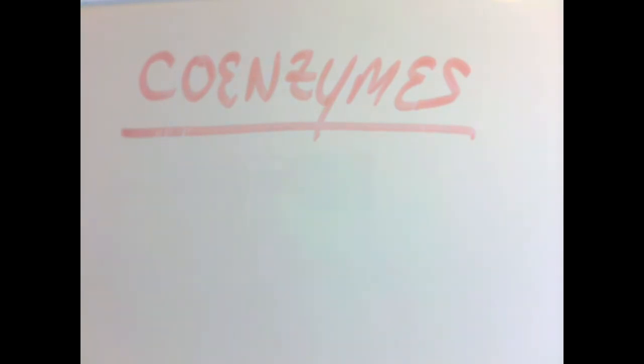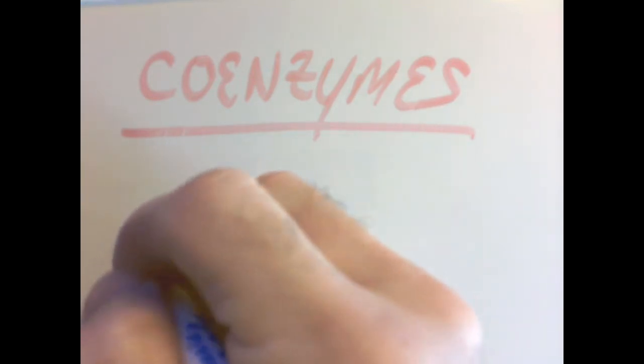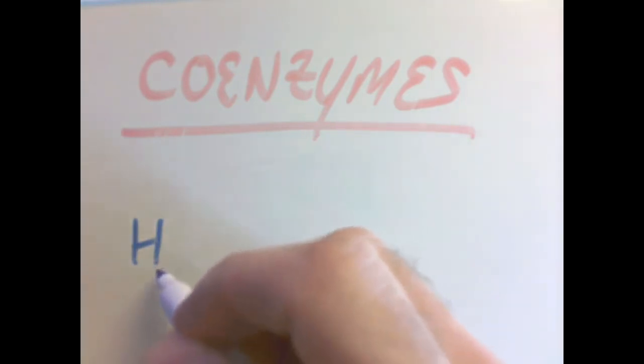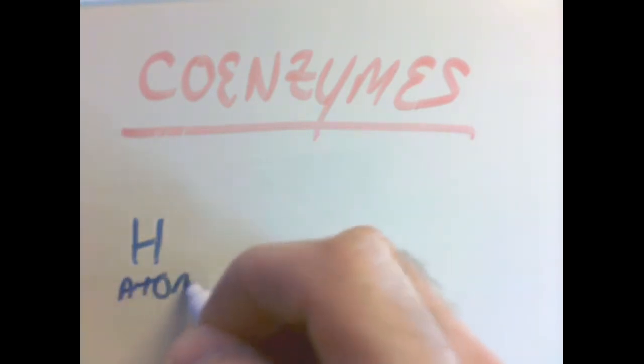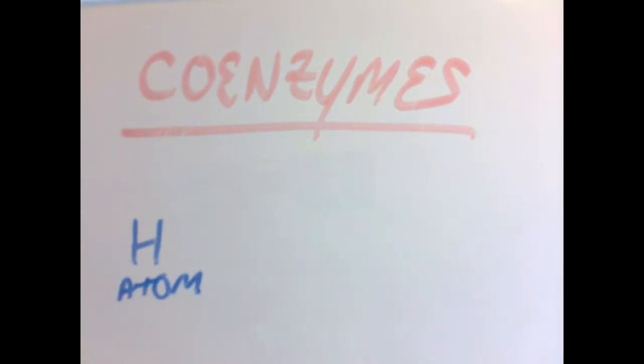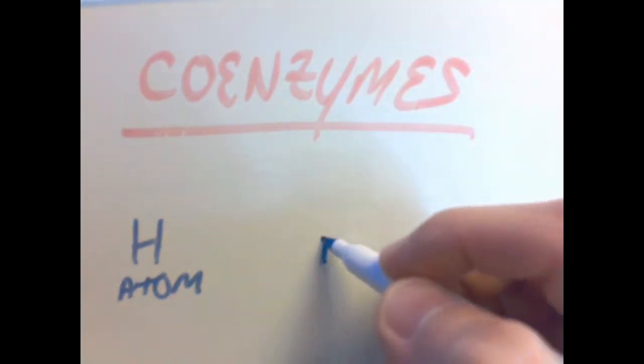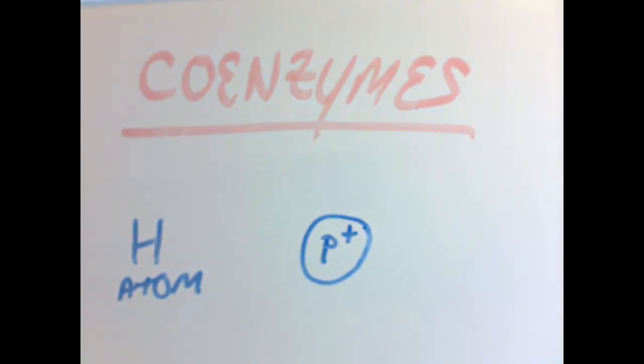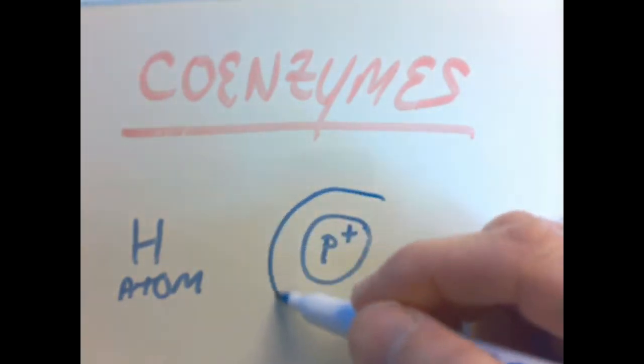So in our discussion about coenzymes, there's one other thing I have to remind you of that you already know before we go on any further, and it has to do with hydrogen. You know what a hydrogen atom looks like. We've been talking about hydrogen atoms since the first day of class. Just by means of review, a hydrogen atom consists of one proton in its nucleus, and one electron.